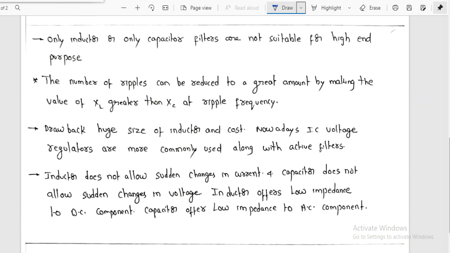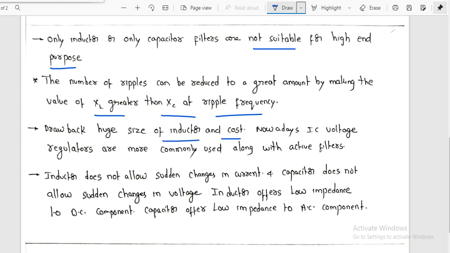Only inductor or only capacitor filters are not suitable for high-end purposes. The ripples can be reduced to a great extent by making the value of XL greater than XC at the ripple frequency. But the drawback is that because of the huge size of the inductor, the cost will be more.